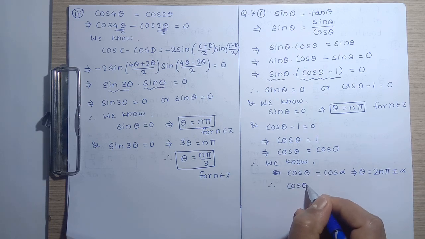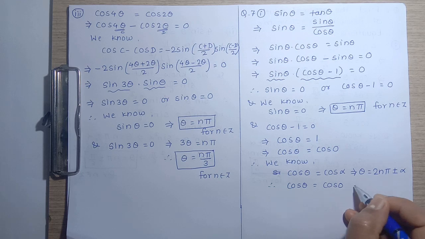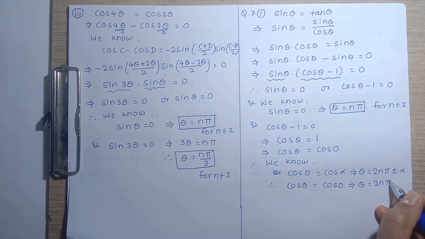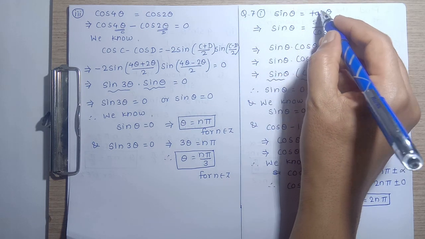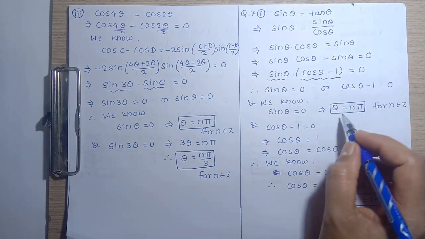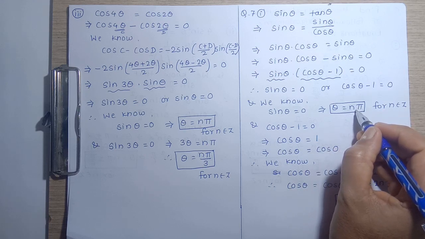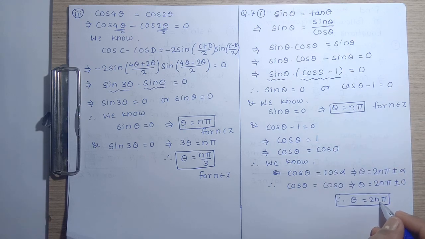Therefore, cos theta is equal to cos 0 gives the solution theta is equal to 2n pi plus or minus 0, that is, theta is equal to 2n pi. Therefore, the given trigonometric equation sin theta is equal to tan theta has the solution theta is equal to n pi or theta is equal to 2n pi for all n belongs to Z.